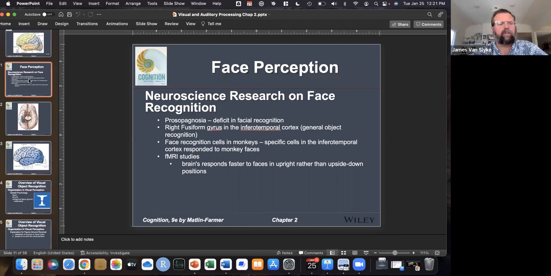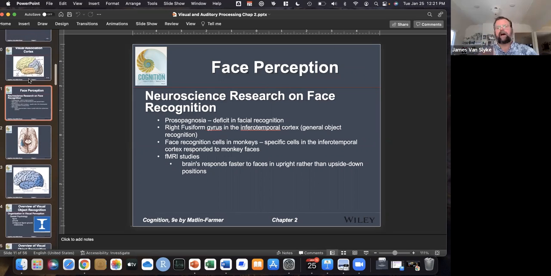One thing I did want to go through really quickly, I covered this a lot more in biopsych, but because the chapter refers to it a certain amount, there is a certain deficit that can develop in people, and that's called prosopagnosia.